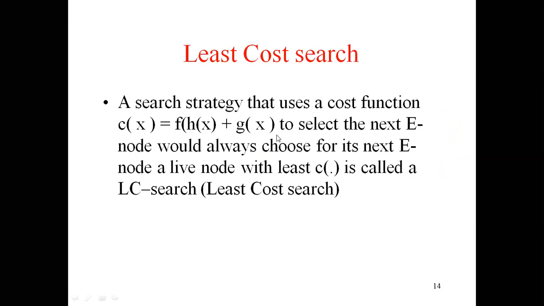So f(h(x)) plus g(x) to select the next E-node. A strategy that always chooses for its next E-node a live node with least c is called a least cost search.